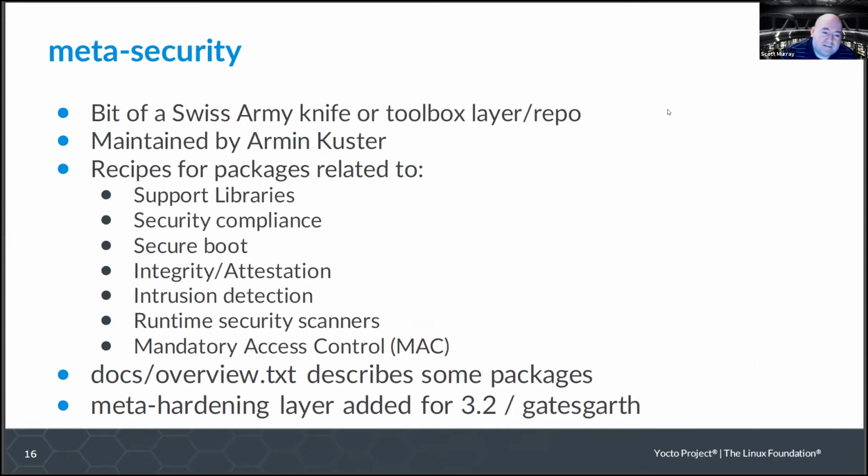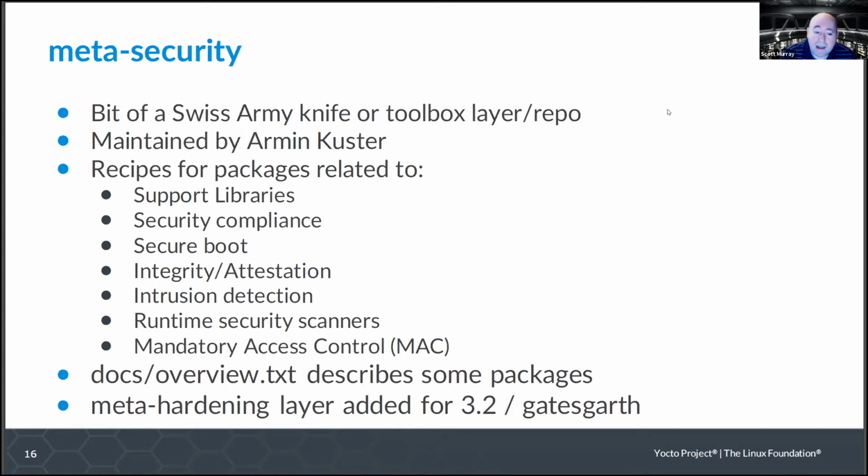It covers a wide range of things, from libraries for different types of encryption and hashing, security compliance tools, secure boot, system integrity and attestation, which is basically being able to validate after boot that the system is still valid, some intrusion detection, as well as runtime security scanners, and some support for mandatory access control.